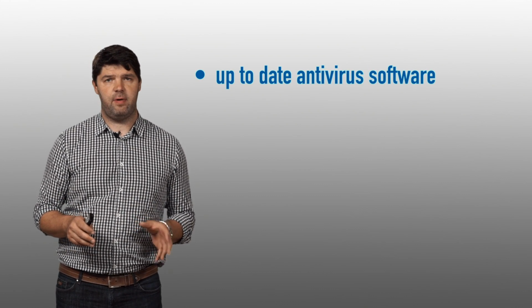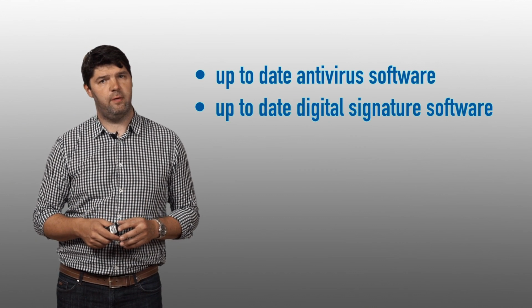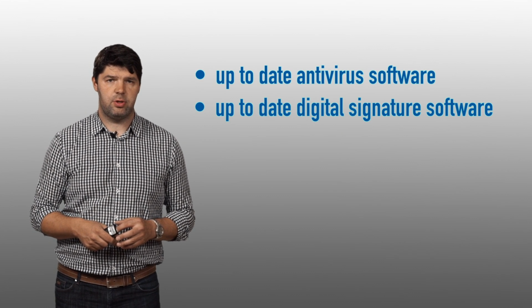Okay, if the computer is connected to the internet and you are ready to start your voting procedure, it is recommended that you have up-to-date antivirus software on your computer and the newest version of the digital signature software.